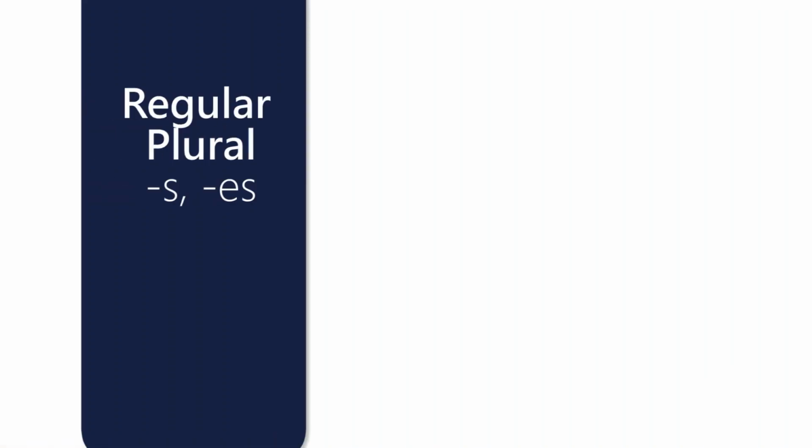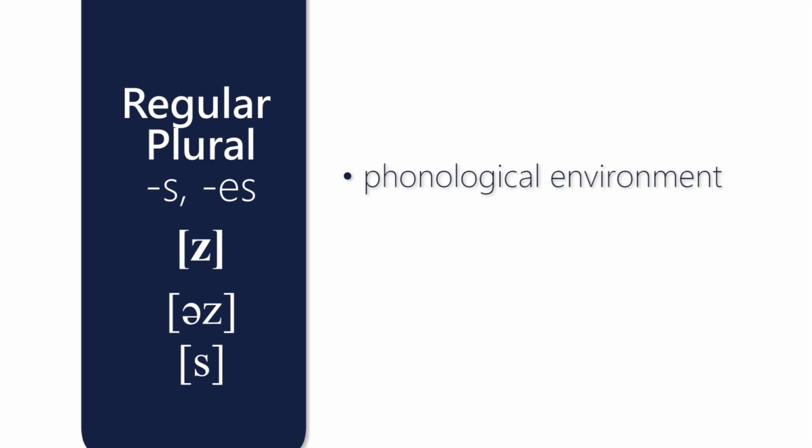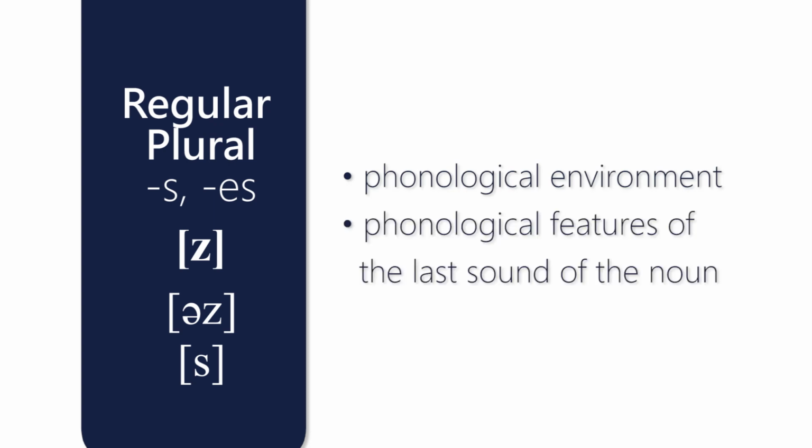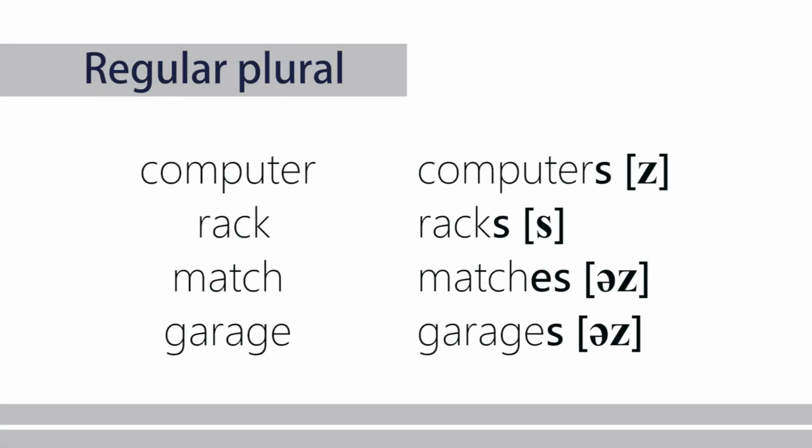Okay, the plural in English is "za". But it can be pronounced as "uz" or "sa", depending on what? The phonological environment, or the phonological features of the last sound of the noun. If you look at these sounds carefully, you see we have a "ra". So when it's a "ra", it's z, it becomes "za".